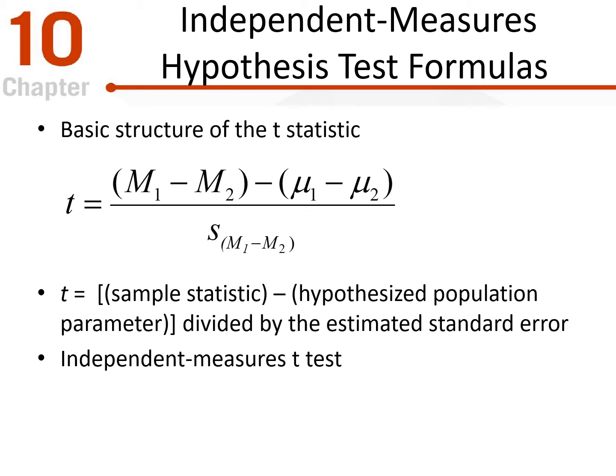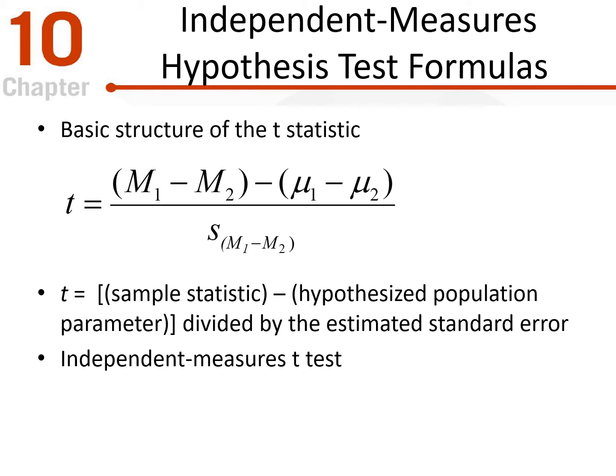So under the null hypothesis, that second term in the numerator, where you see mu1 minus mu2, is 0. So you can cross out that second term because we're always testing this against 0, because the null hypothesis says there's no difference. So mu1 minus mu2 will be 0.